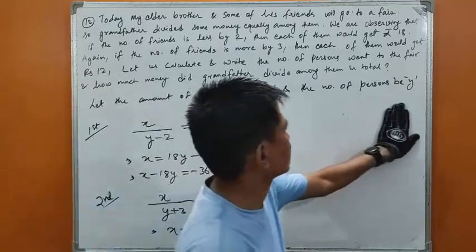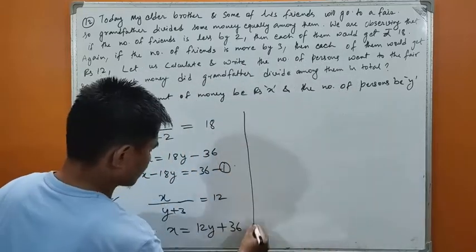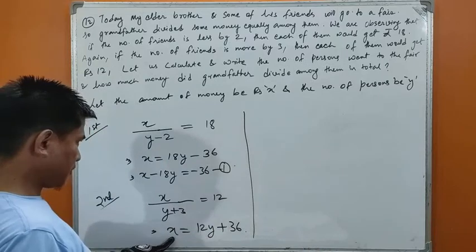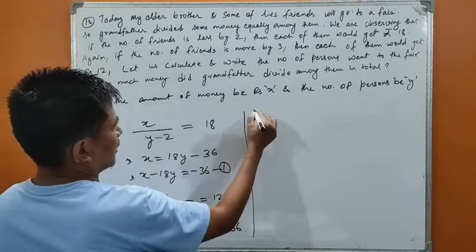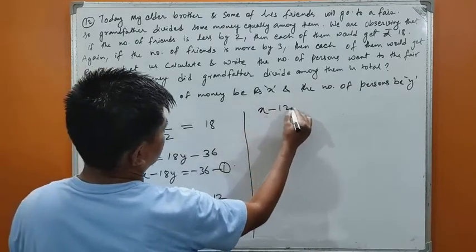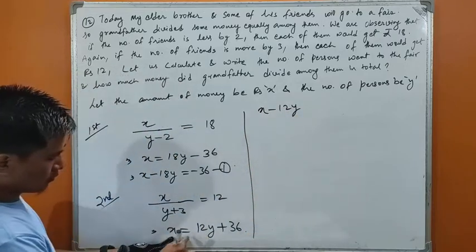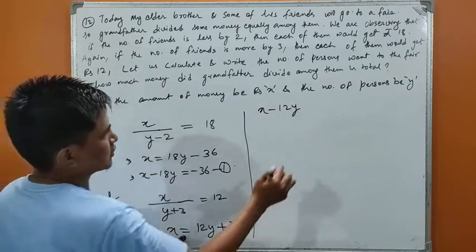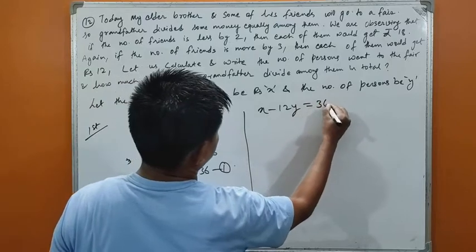Let me erase this. Now let us bring the 12Y to the left hand side: X minus 12Y equals 36. This is equation 2.